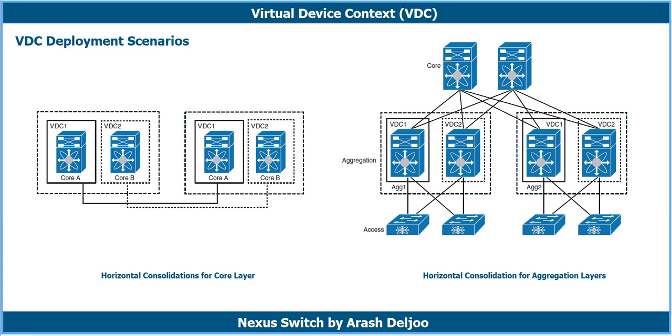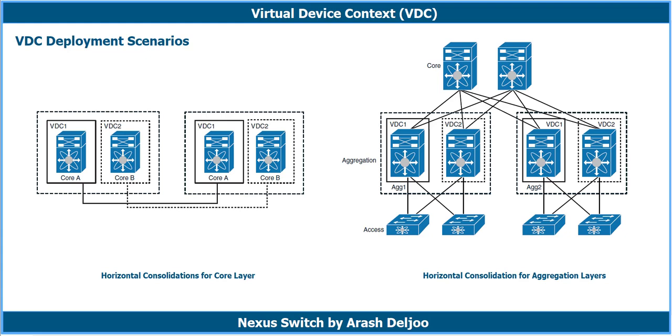Alright, now let me explain about the VDC deployment scenarios. There are multiple deployment scenarios using the VDCs, which enable the reduction of the physical footprint in the data center, which in turn saves space, power, and cooling. The first method is horizontal consolidation scenarios. VDCs can be used to consolidate multiple physical devices that share the same function role.